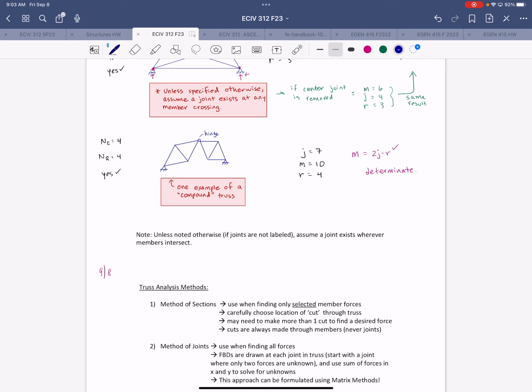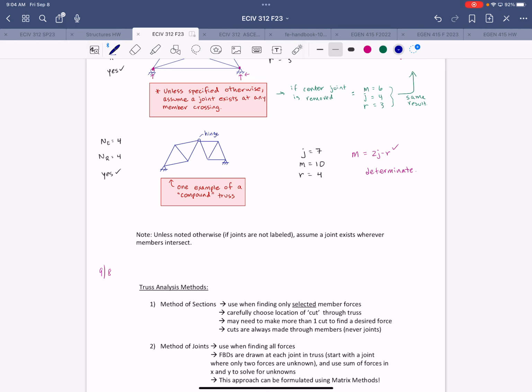So that's unstable. So looking for things like that, right? And then the other condition we talked about was, if you have a scenario like this, that's unstable, right? But if you have something like that, that's stable, right? Because now it's just technically a truss here. But if they're all aligned, then there's nothing to resist rotation, right?